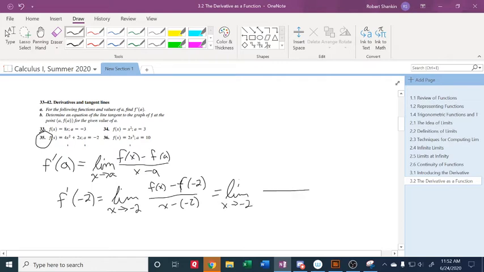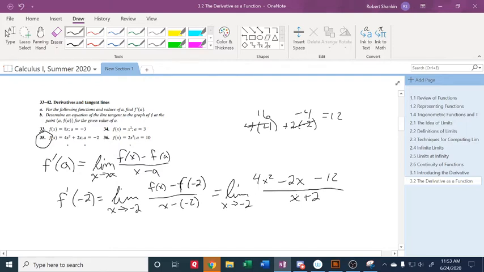And the f of x is 4x squared plus 2x minus, and when you substitute negative 2 in there, let me do that on the side. That's 4 times 4 plus 2 times negative 2, minus 4. It's going to be 16, it's going to be 12. So it's minus 12, all over x plus 2.